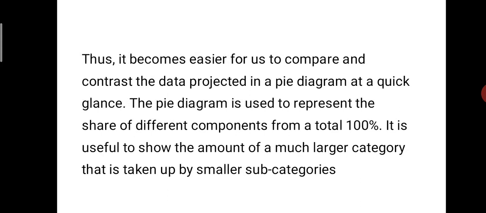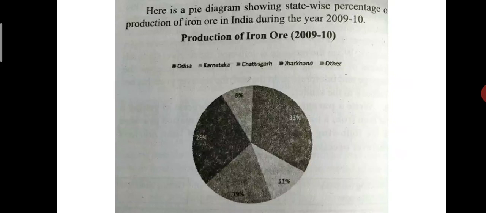See, here is an example from your textbook that is showing the state-wise percentage of production of iron ore in India during the year 2009-10. Production of iron ore, 2009-10. That is the state-wise percentage.